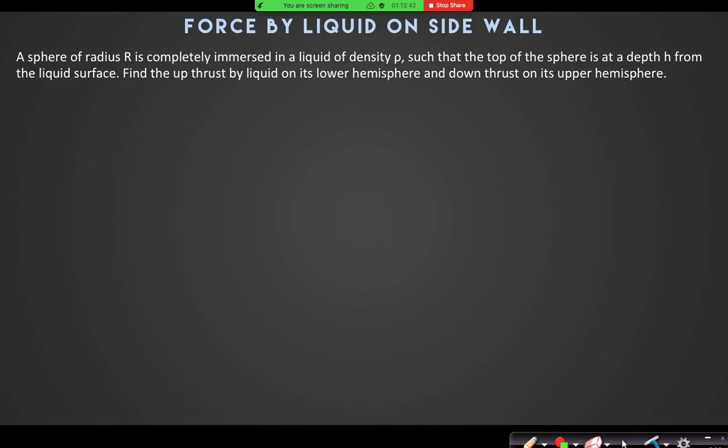A sphere of radius r is completely immersed in a liquid of density rho such that the top of the sphere is at a depth h from the liquid surface. Find the upthrust by the liquid on the lower hemisphere and the downthrust by the liquid on the upper hemisphere. Have you got the question?